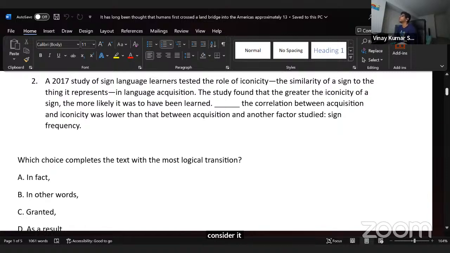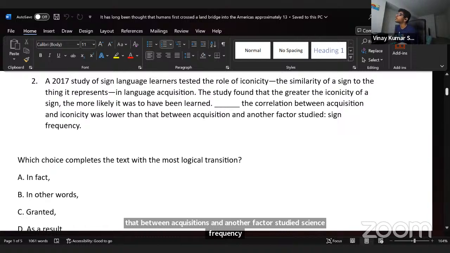Blank, the correlation between acquisition and iconicity was lower than that between acquisition and another factor studied, sign frequency.